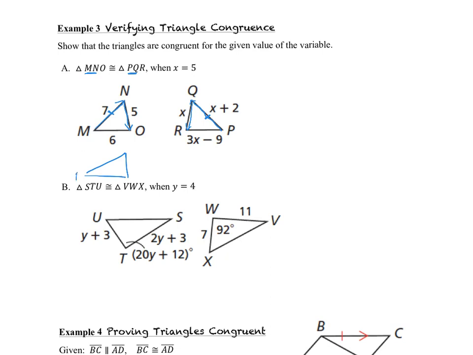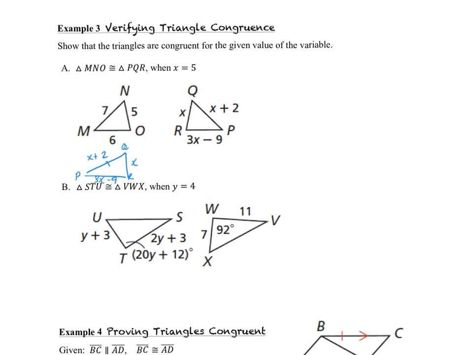M was supposed to go with P, and Q goes with the N. So I already know this PQ that matches the side 7 should be x plus 2, right? And the QR, which is right here, is x, and the PR, according to my image on the right, is 3x minus 9. So I've just redrawn this so that my two triangles actually are matched up now.